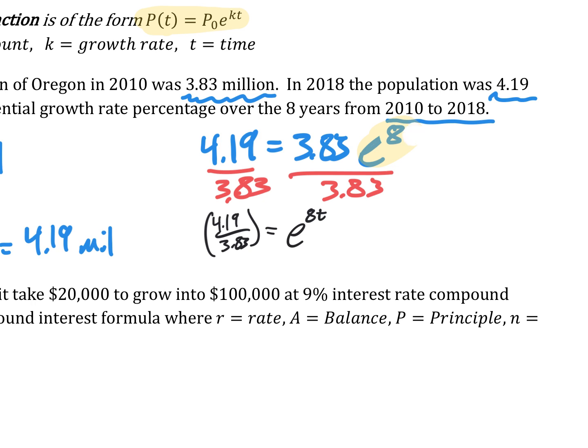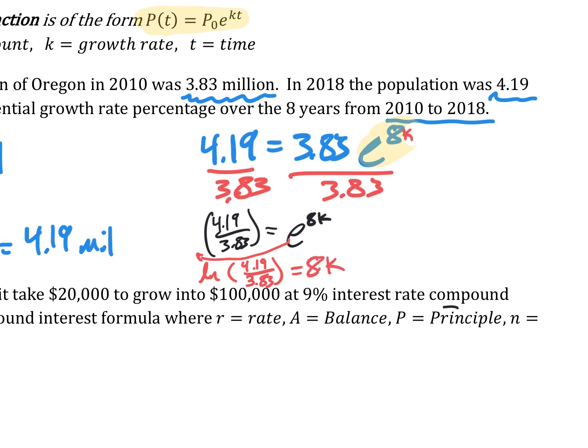It's not ET either. ET is a movie, right? Okay. So it's 8K, and this is going to be e to the 8K. We're looking for K. 8 was the time. So we're going to swing that base around, and we're going to have log base e, which is the natural log of 4.19 over 3.83 equals 8K.